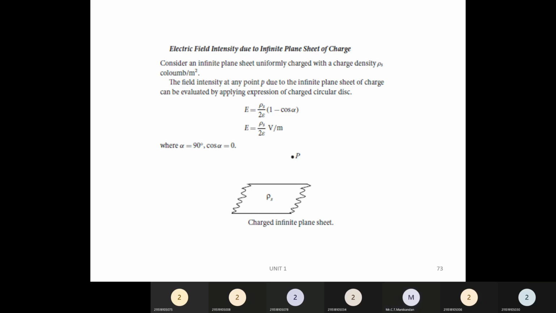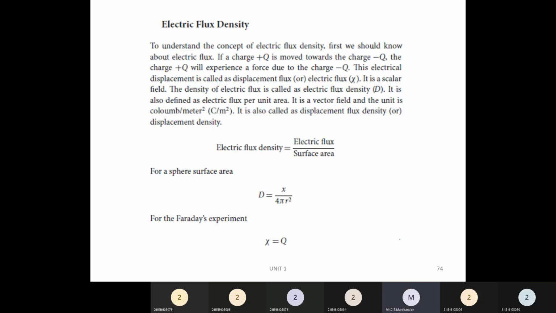The next one is the flux density. So far we have seen the electric field intensity. The next one is the electric flux density D. Simply, electric flux density is electric flux per area.